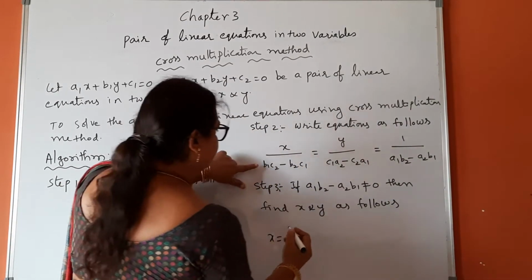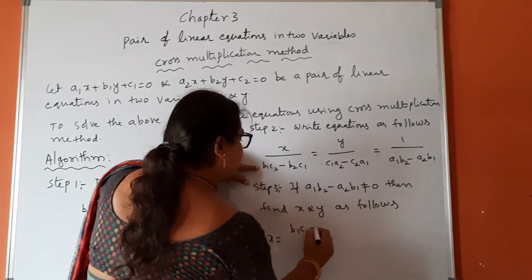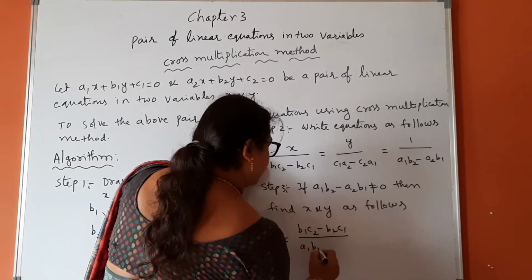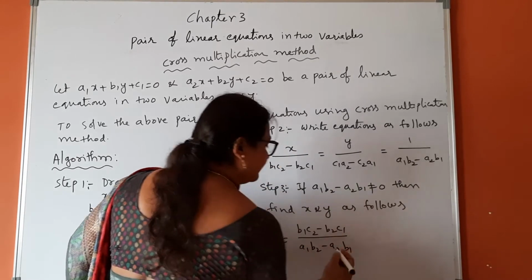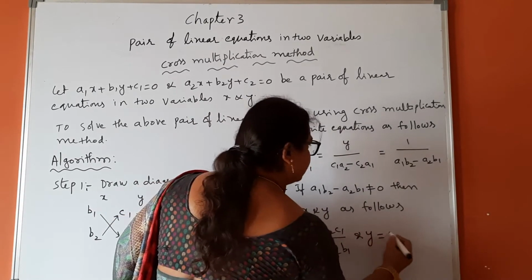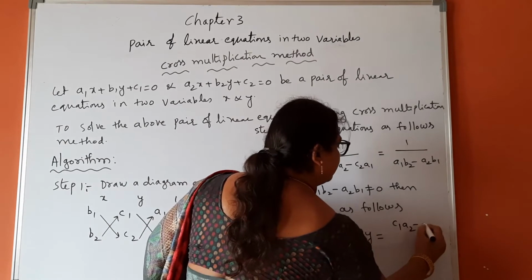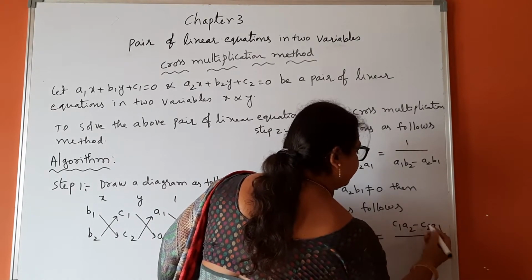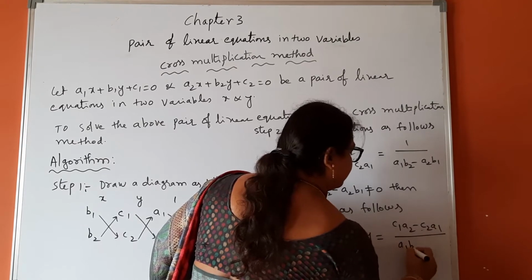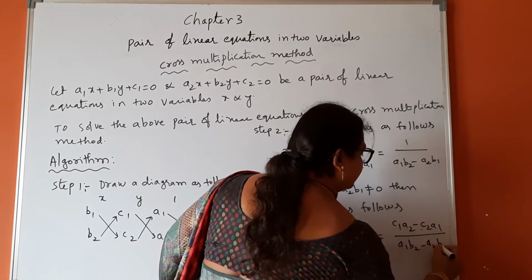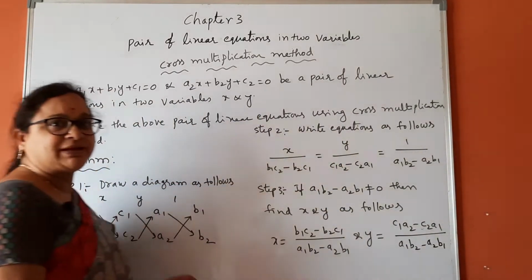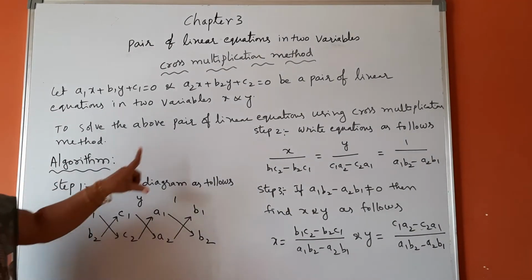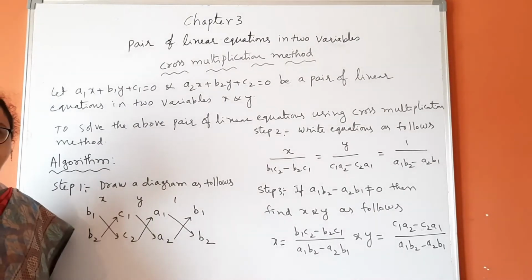X is equal to B1 C2 minus B2 C1 by A1 B2 minus A2 B1, and y is equal to C1 A2 minus C2 A1 by A1 B2 minus A2 B1. So for cross multiplication method, we need to follow the algorithm stepwise, like this.